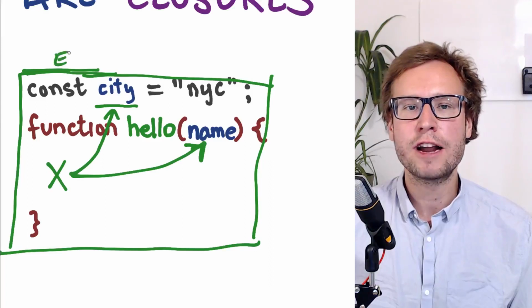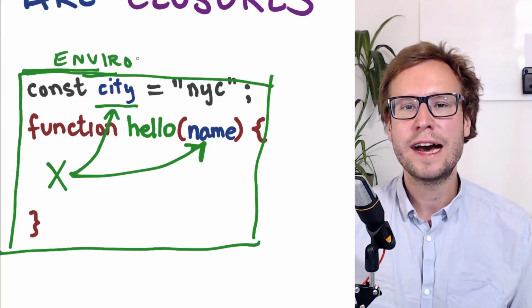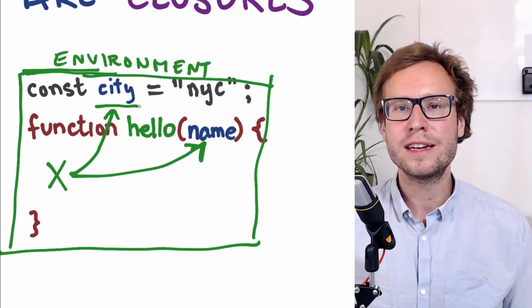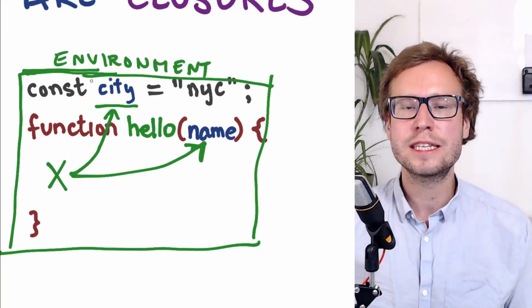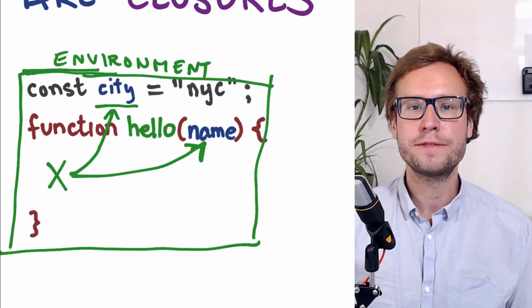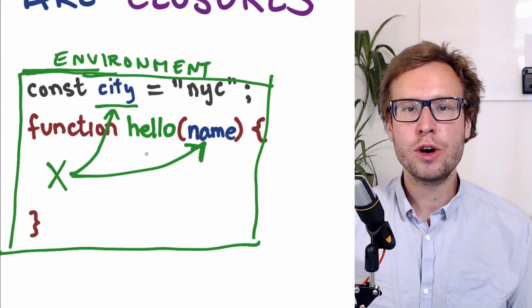It's this environment that it has outside of itself. I think that's the closest I can come to an explanation for why it's called a closure. It encloses more than just the function body itself. So that's what a closure is.